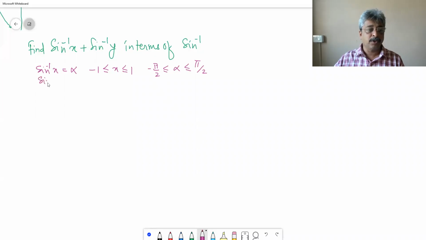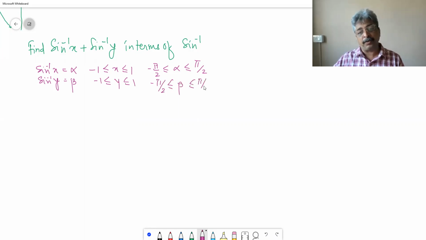Same for sin inverse y: minus 1 less than or equal to y less than or equal to 1, and minus pi by 2 less than or equal to beta less than or equal to pi by 2.